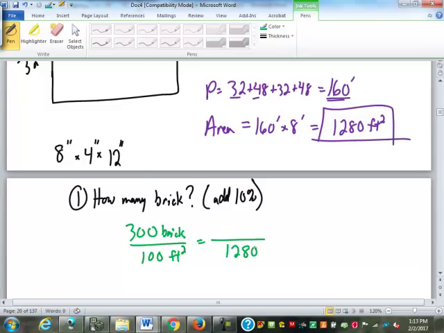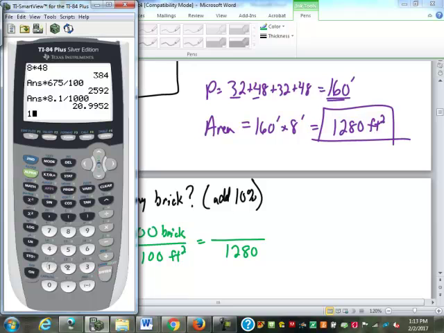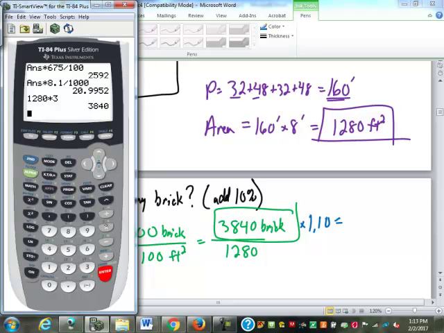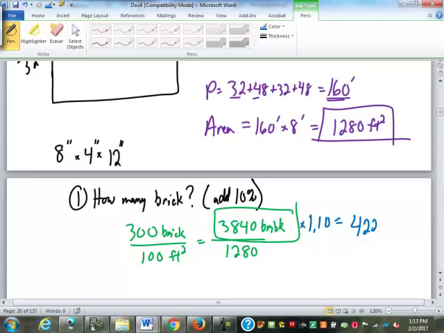So for 1,280 square feet, we get 3,840 brick. That's how many brick is estimated. Now we're going to multiply that by, how are you going to find 10% waste? Times 1.10. So 4,224. That's how many brick I would order for that.